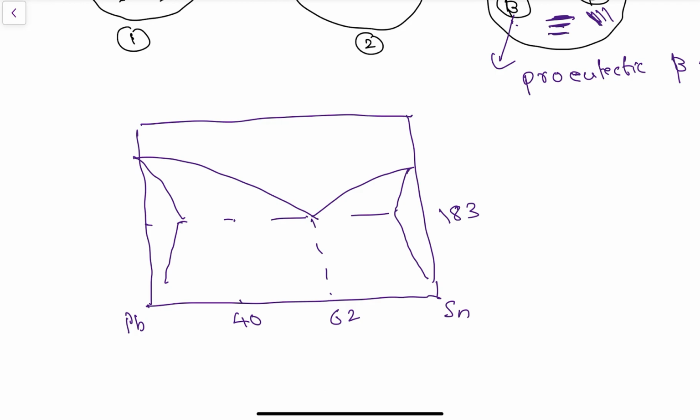Let us draw a line. This line from 1, we can take this as 2, and as 3. Here is alpha, here liquid, here liquid plus alpha, here liquid plus beta, and here beta. And here is the eutectic reaction, here you have alpha plus beta.